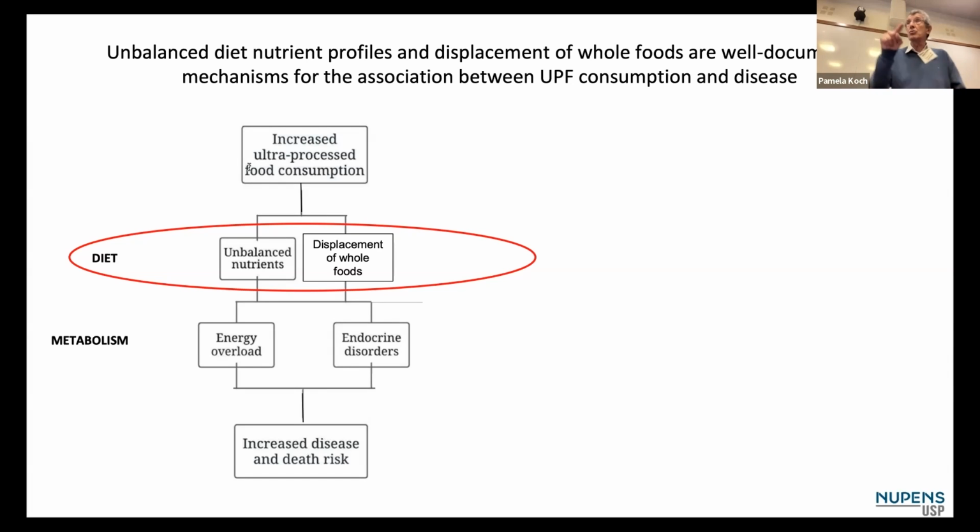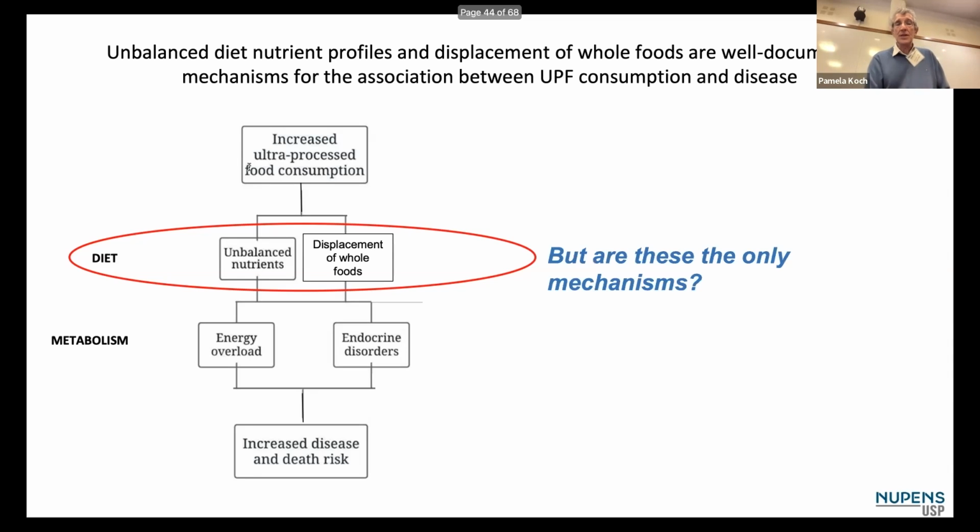And it's also well demonstrated that ultra-processed foods displace healthy foods like fruits and vegetables, for instance. But the question is, are these the only mechanisms? If they were, it would still be important, even if it was just these two mechanisms that are very well known.